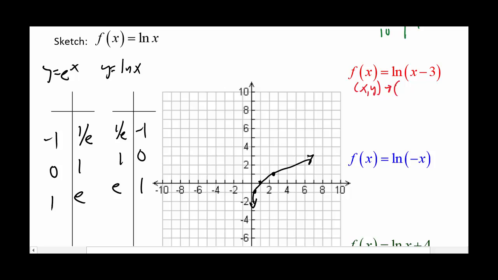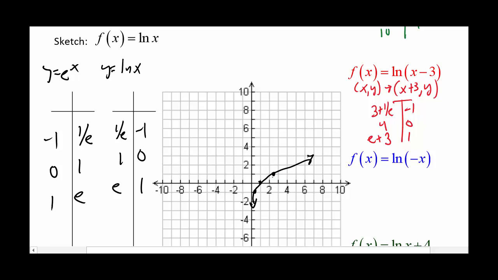All right, that minus 3. What is that minus 3 doing? It's going to change our x's, and we're going to add 3 to the x's. So if I add 3 to all of the x's, I get 1 over e plus 3, so that's 3 plus 1 over e. 1 plus 3, which is 4. And e plus 3. And all the y's stay the same.